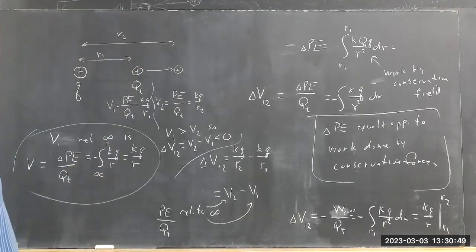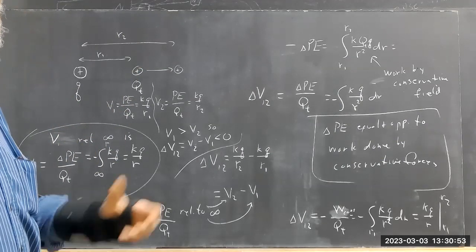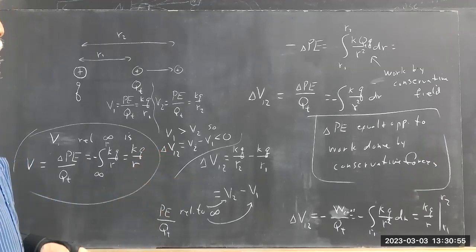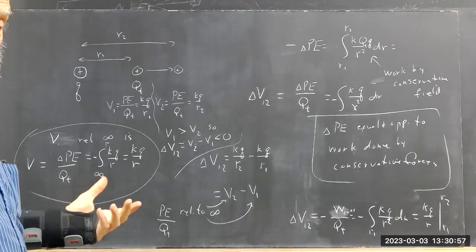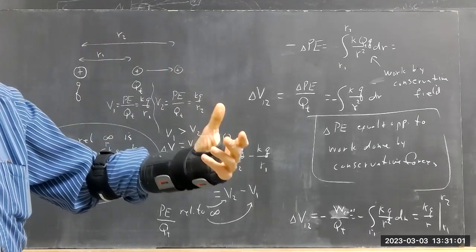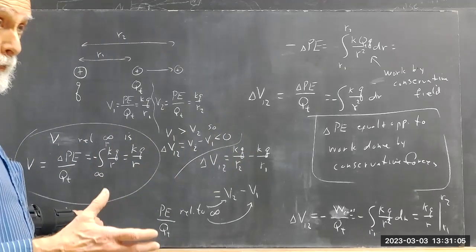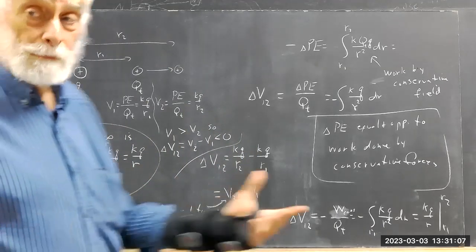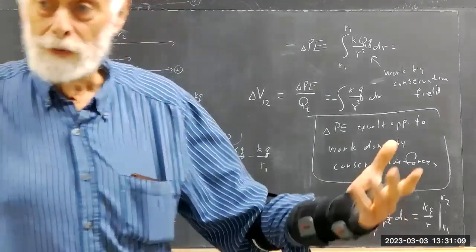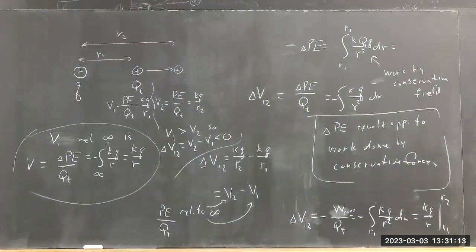You want to work that out with the whole idea of energy conservation. If all the forces are conservative, then the change in kinetic energy and the change in potential energy are equal and opposite. If non-conservative forces are present, then that's not necessarily the case, and you have to take that into consideration.